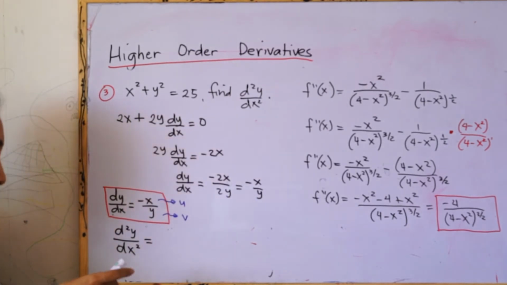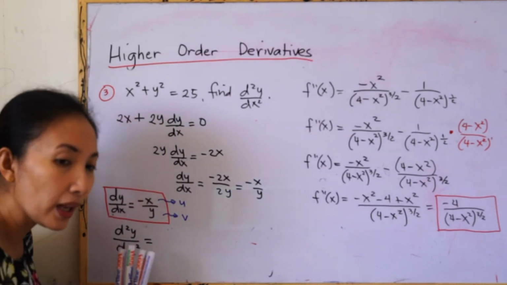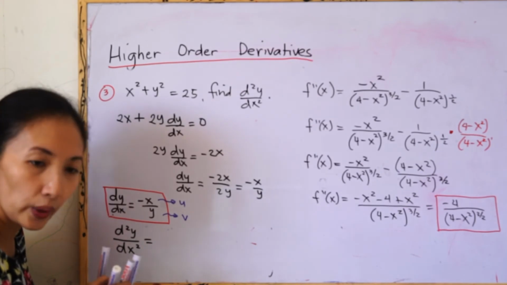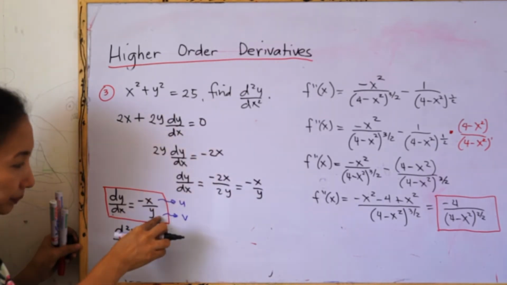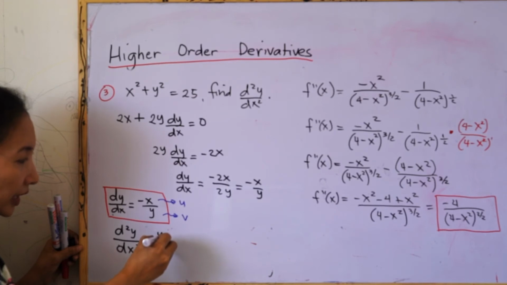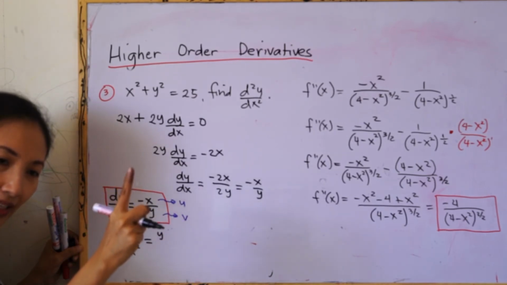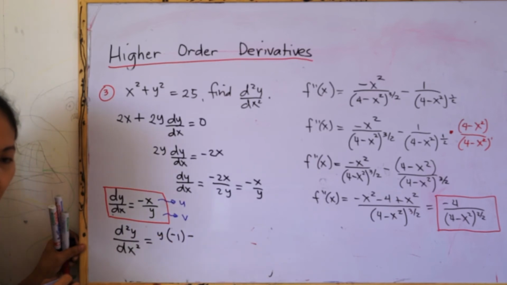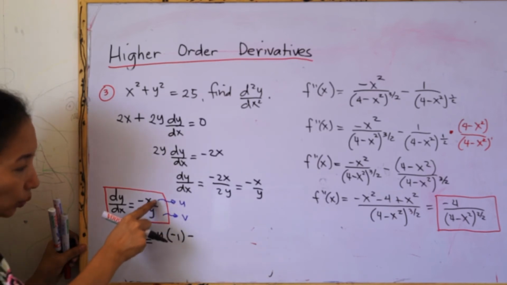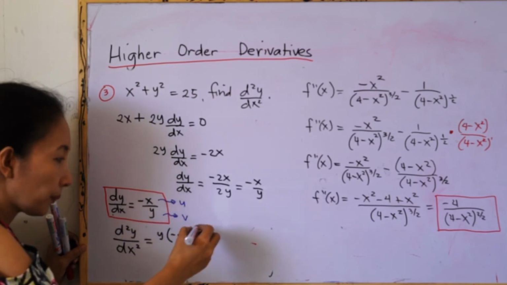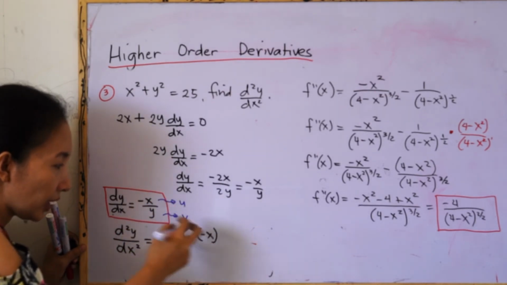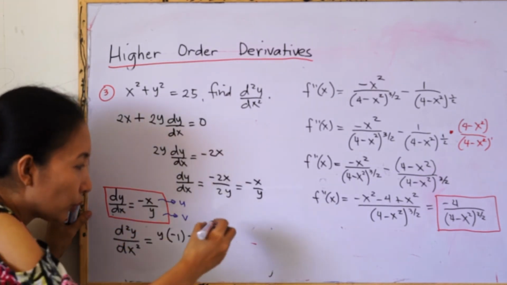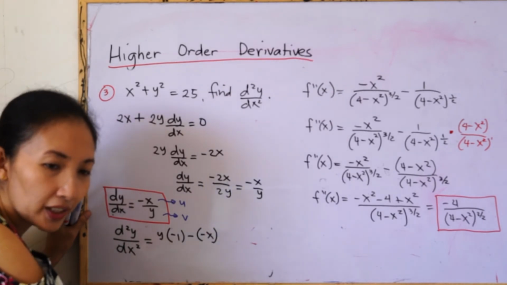By the quotient rule, v du minus u dv over v squared. v is y. du, the derivative of negative x, is negative 1. Minus u dv: u is negative x, and dv, it's y that we are differentiating. What did I say? You have to indicate dy over dx.